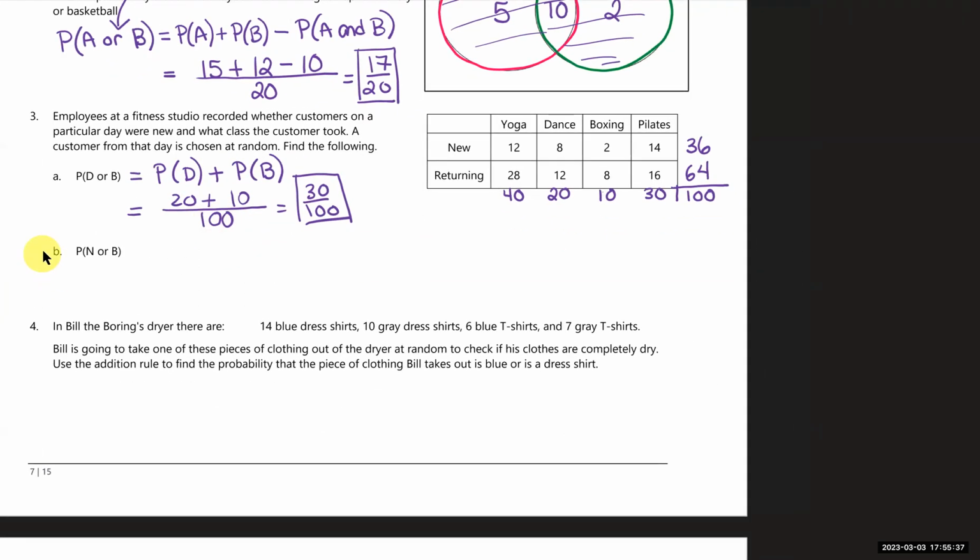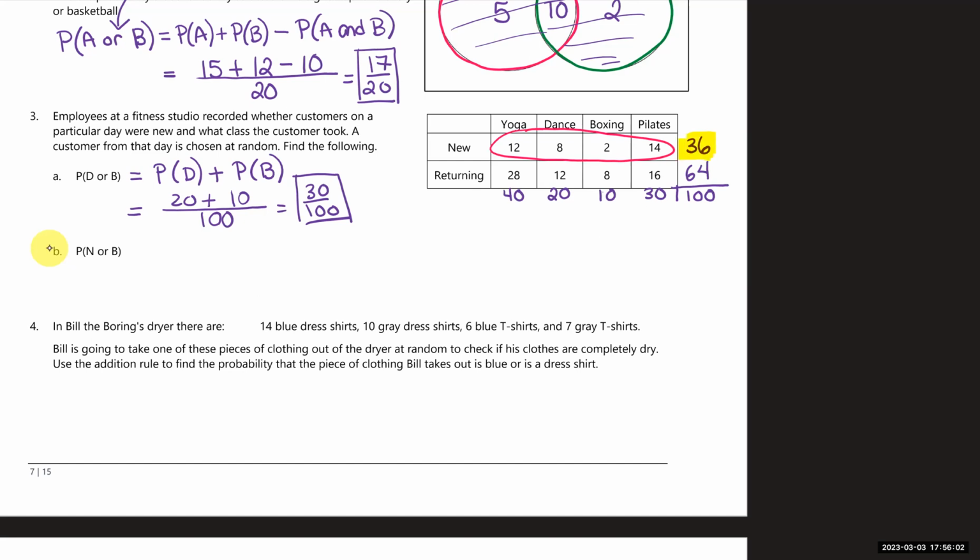Okay, and then we'll take a look at the probability they were new or they took boxing. So I'm going to do some circling here just so you can see it's very similar to a Venn diagram. If I circle all the people that were new, I'll just do them in red. So these were my new people. That's where that 36 total came from.